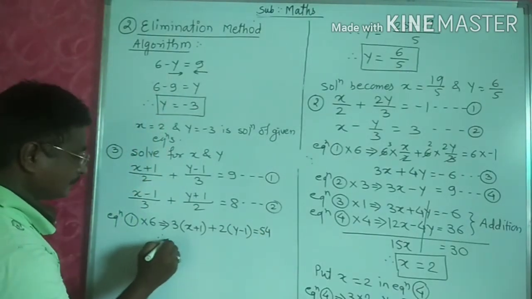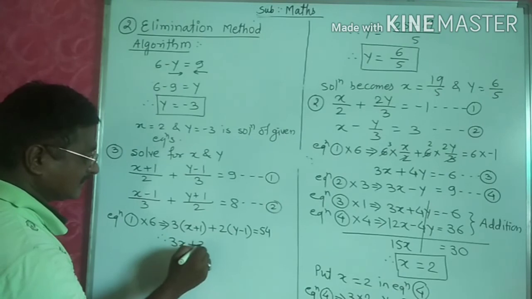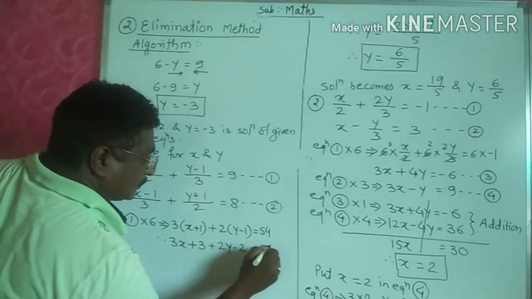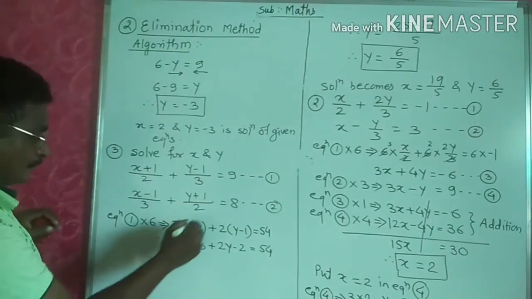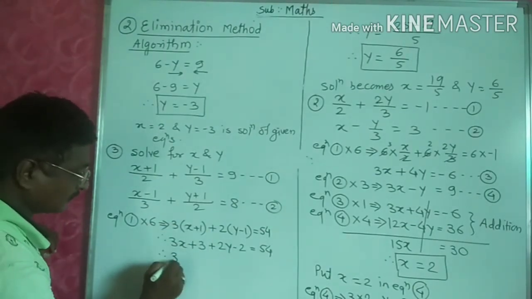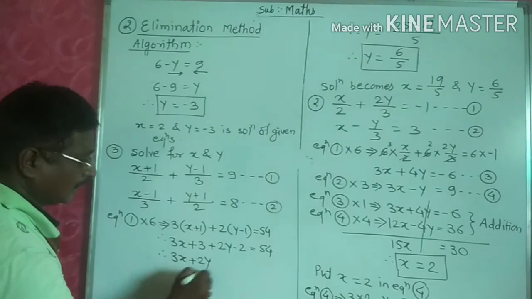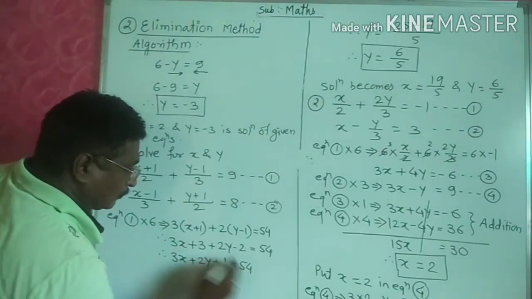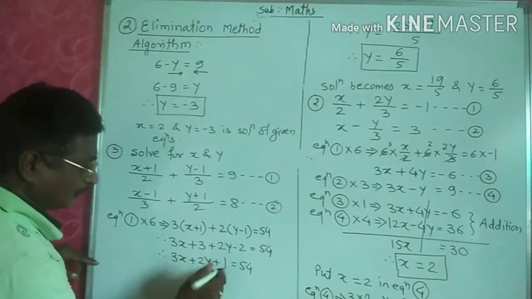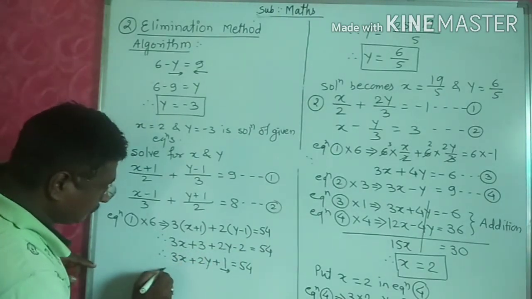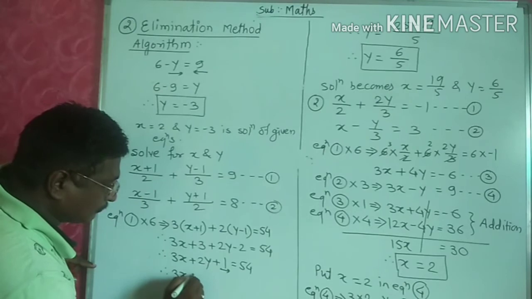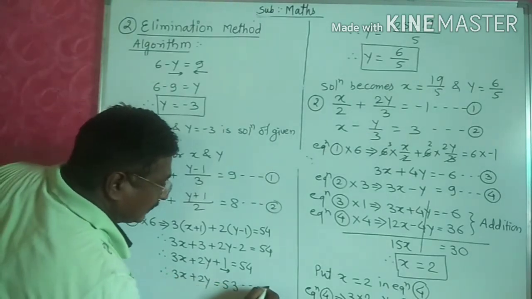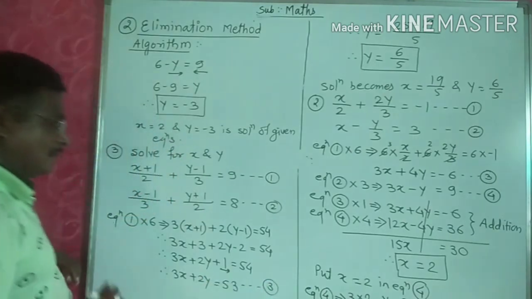Simplify this: 3x plus 3 plus 2y minus 2 equals 54. Now 3x plus 2y plus 1 equals 54, since 3 minus 2 is 1. Now transfer 1 to that side. 3x plus 2y equals 53. Equation number 3.